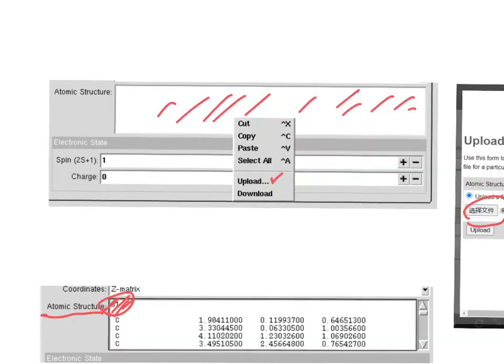And I think I have to mention the spin and charge in this section specifically, because when we are doing the cation, anion, triplets, singlets, different types of calculations, we have to change the spin and charge when needed.